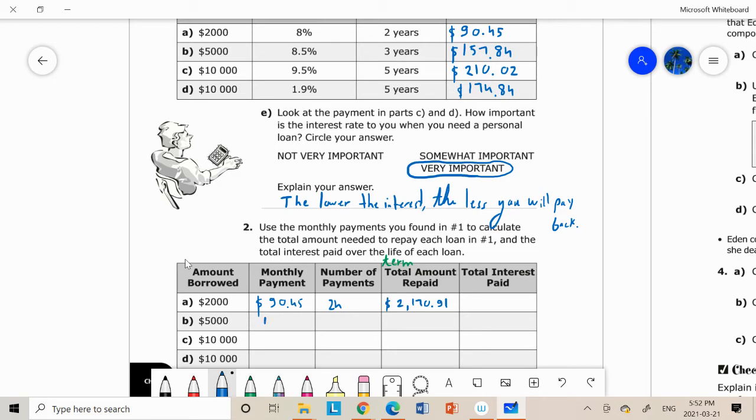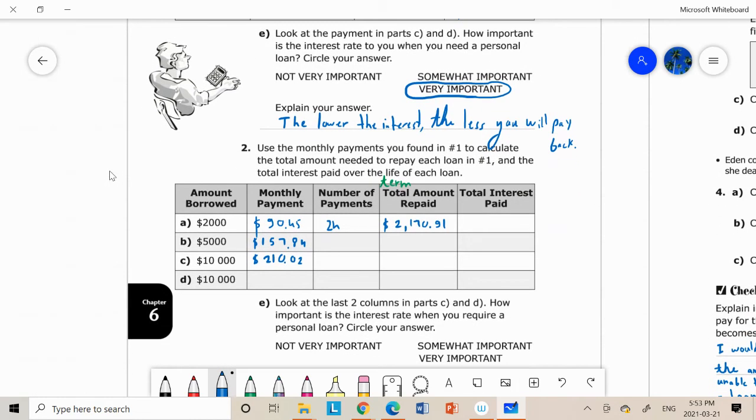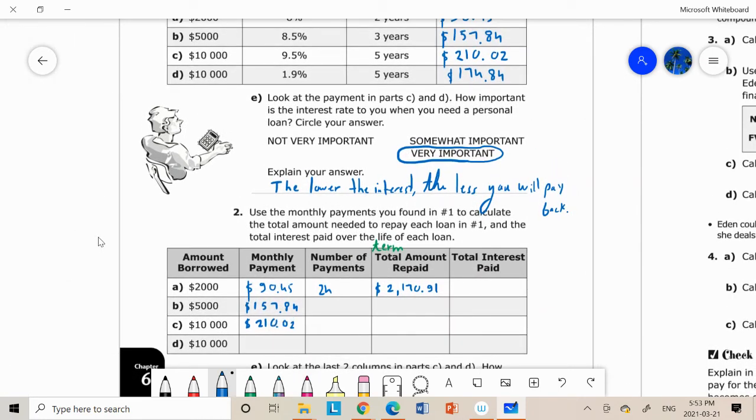Here we can copy down 157.84, and in C it was 10K. The monthly payment we calculated using the TVM solver was 210 and 2 cents. And in the case of the lower interest rate, TVM solver calculated for us 174.84.